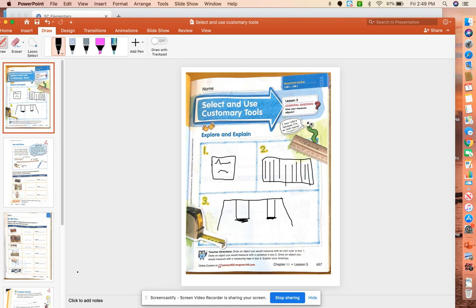I would use a yardstick to measure that. And then my number three is a picture of a swing set. And if I was trying to measure how far apart the two poles are on the end, I would use a tape measure to be able to figure out how long that would be.